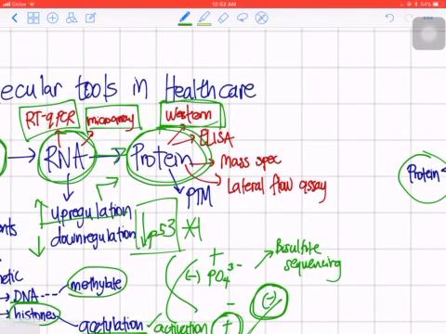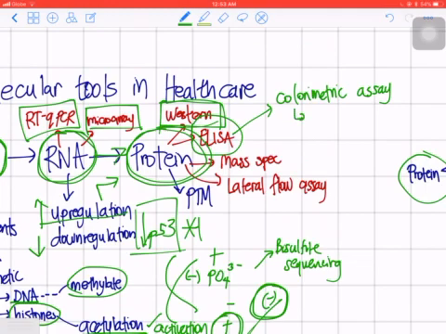Now, ELISA, enzyme-linked immunosorbent assay, is a more quantitative way of determining protein expression. So this involves antibodies. Western and ELISA both involve antibodies, but ELISA is what we call a colorimetric assay, usually. This is assessed by looking at the change in color of a solution.